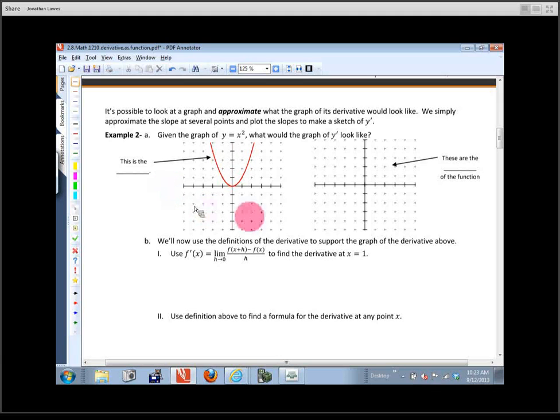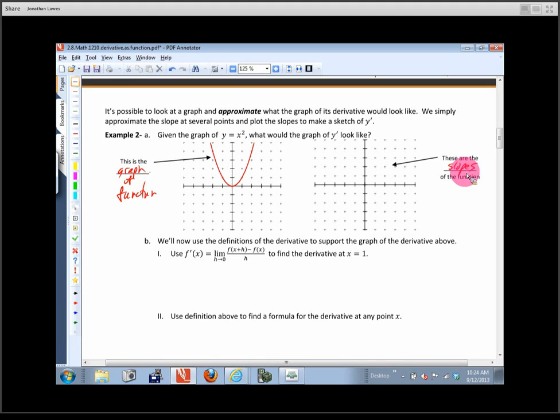Now, when you're given a graph, okay, this is a graph of the function. So this right here is a graph of the function. If I graph the derivative over here, graphically speaking, we interpret the derivative as what? Slope. The slope. Okay, so these are the slopes of the function.